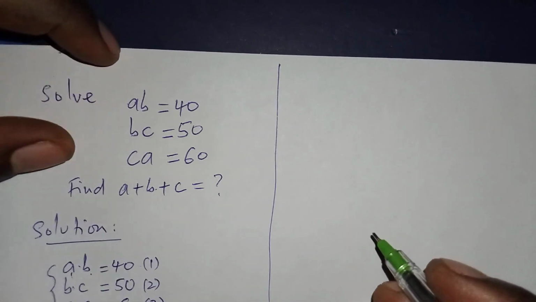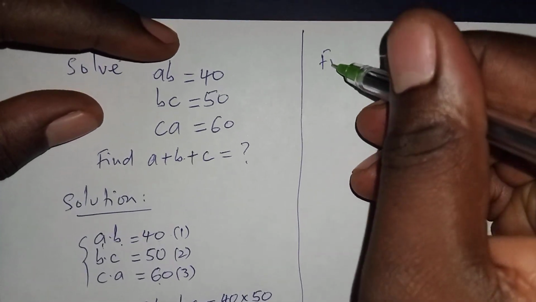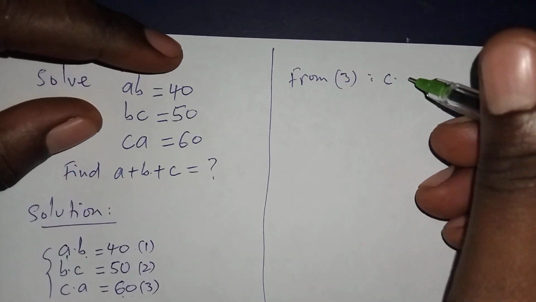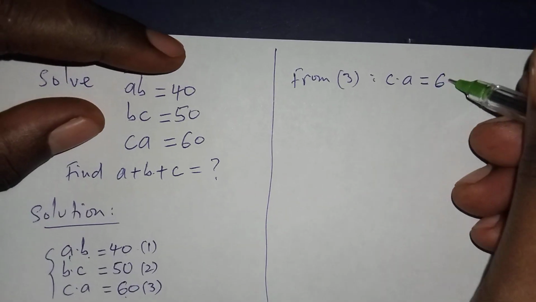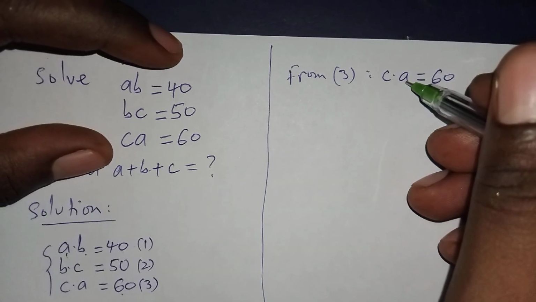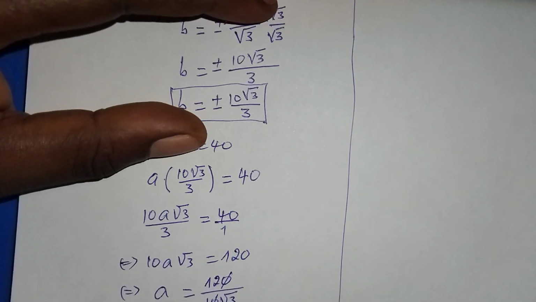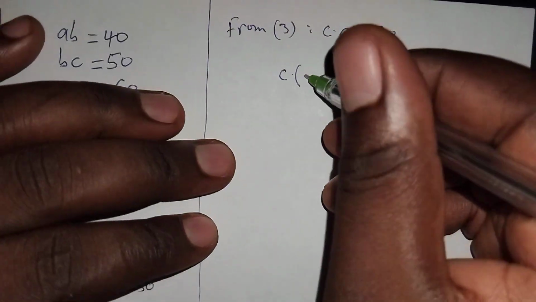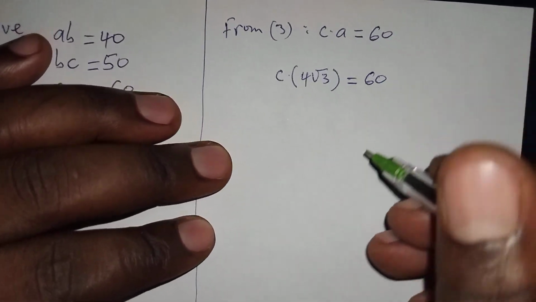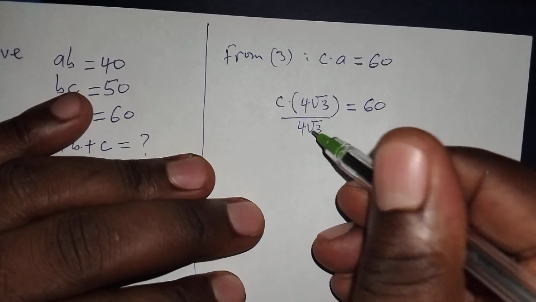And then from equation 3, which is C times A is equal to 60. So having the solution of A, C times 4 square root of 3 is equal to 60. We divide both sides by 4 square root of 3.